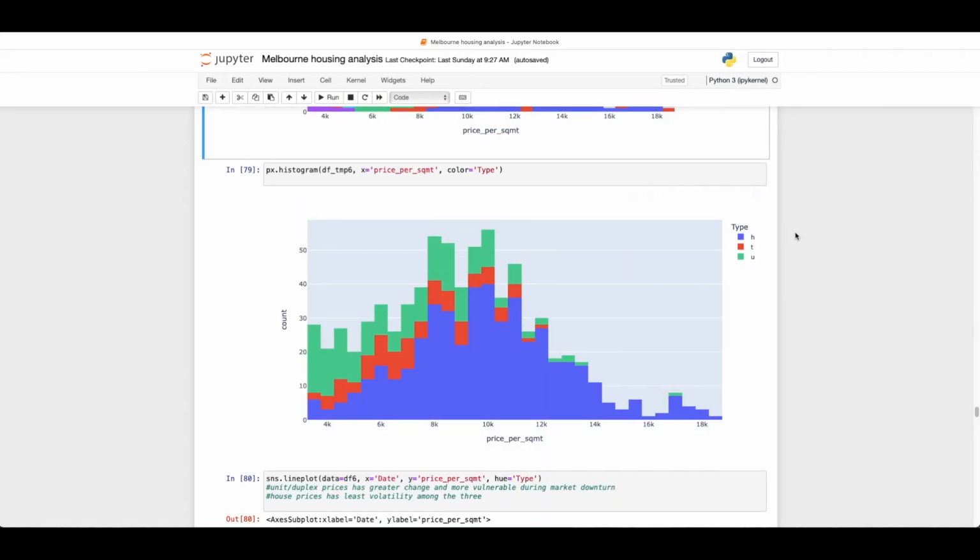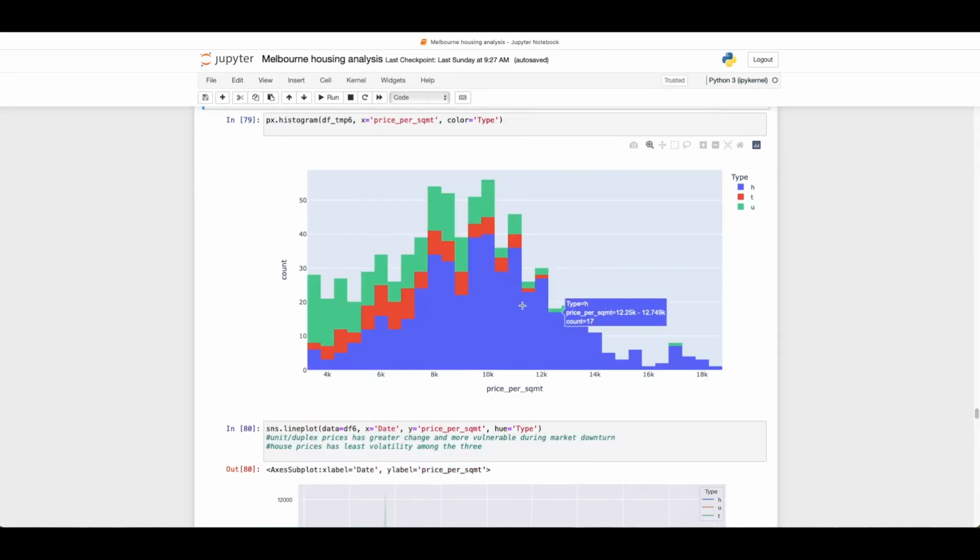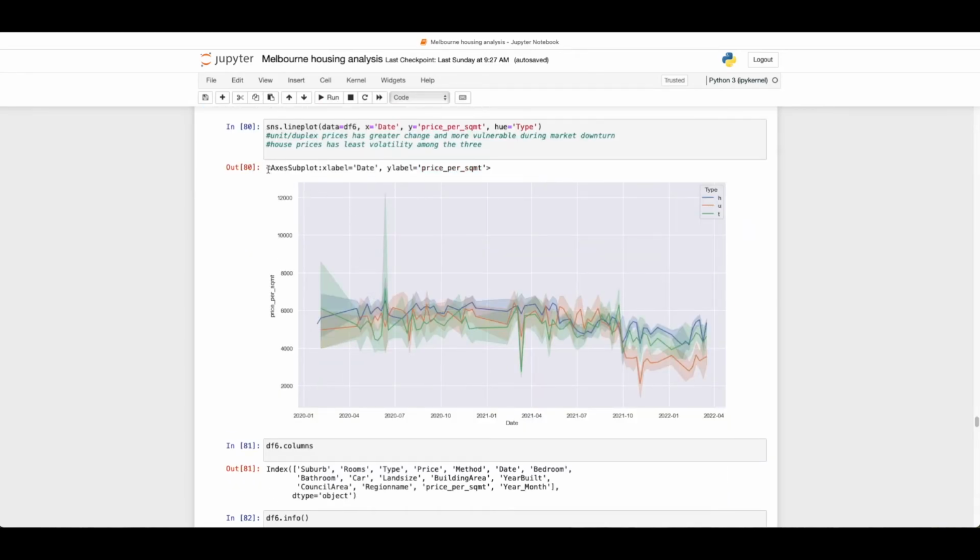Okay, next. Oh, this chart is basically the same as this one, so we're going to jump over this one and move to the next. This is also the last chart we have here. This is a line chart. It shows the unit and duplex prices have a greater change during the market downturns.